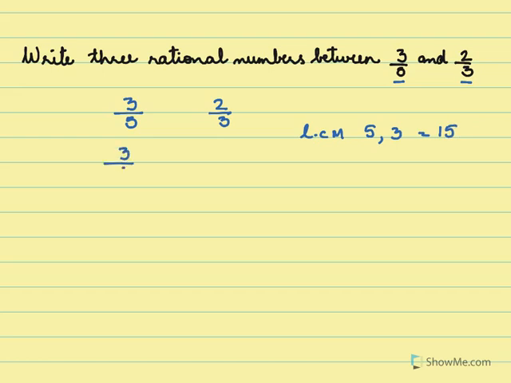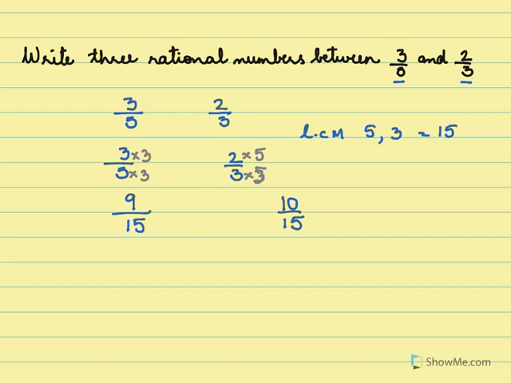So multiply this by 3 and this by 5, because 3 fives are 15. So here it becomes 9 by 15 and here I get 10 by 15.